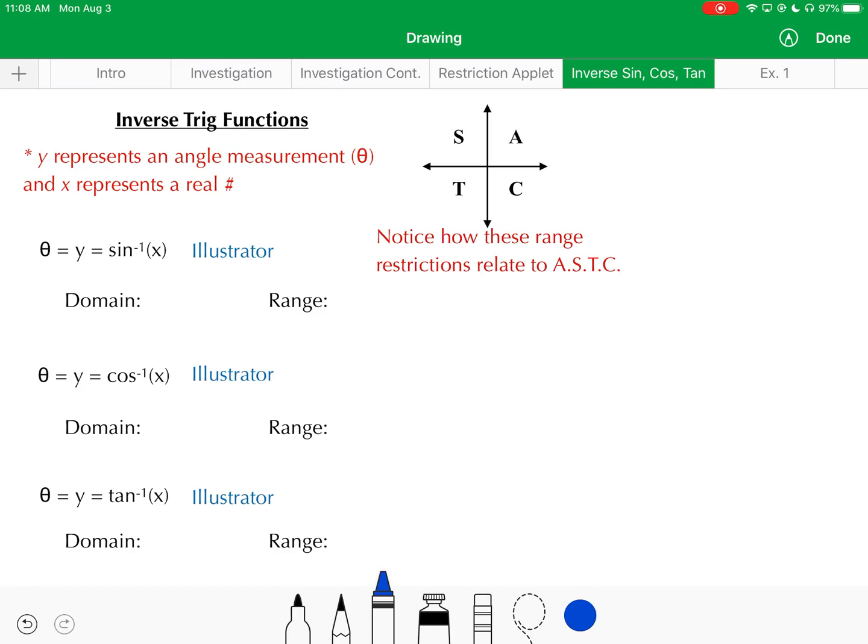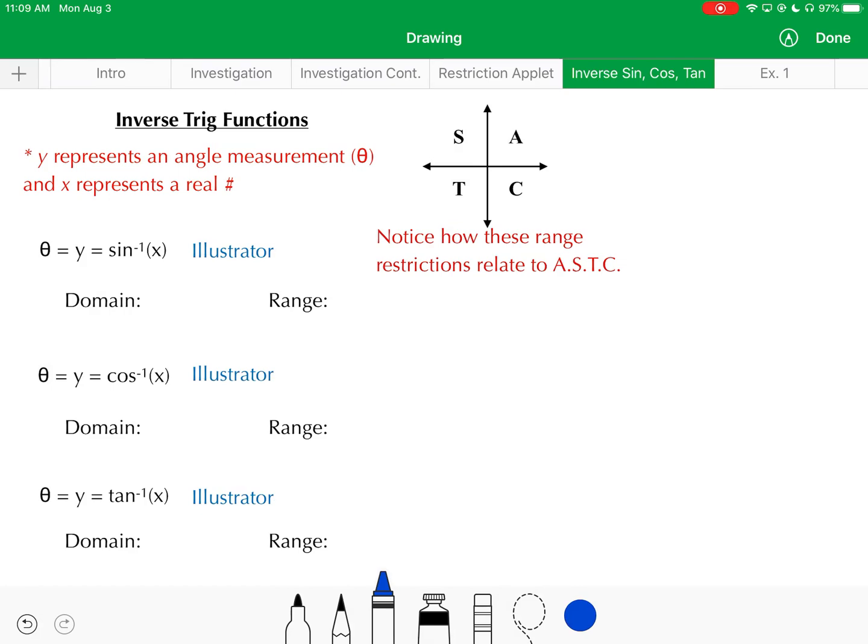All right, so let's look at the inverse trig functions of inverse sine, inverse cosine, and inverse tangent, all right? And for each of these, we're going to identify the domain and the range of them. And the range is really the important one.